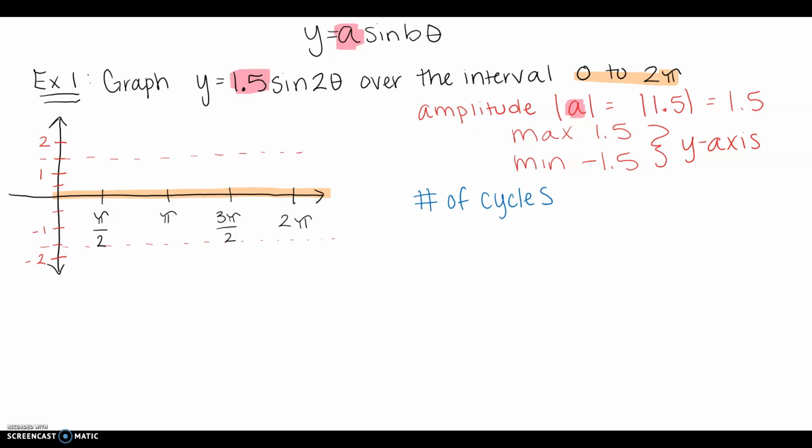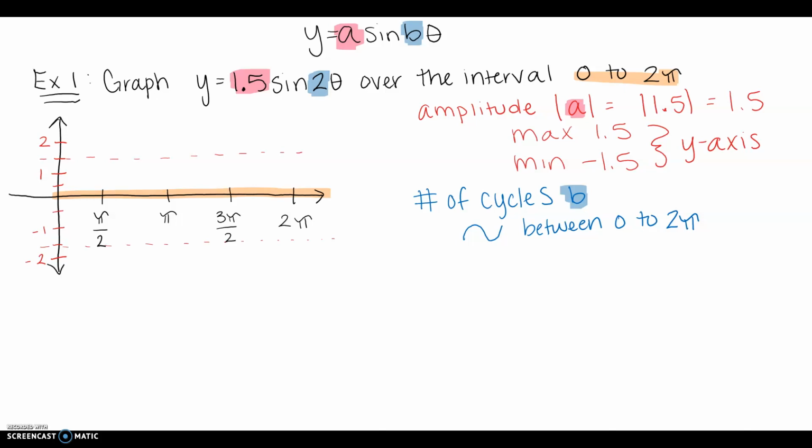And we said that this is looking at B. So we're going to find our B, which is here. So that would be the 2 here. When we're looking at cycles, what we're looking at is how many times it'll have one rotation or one period between 0 to 2 pi.